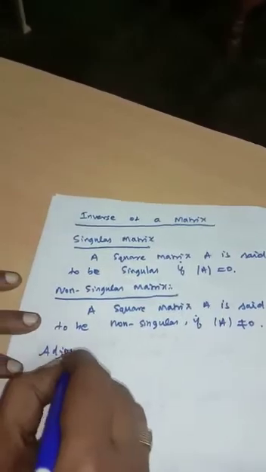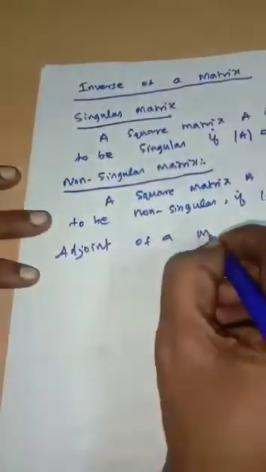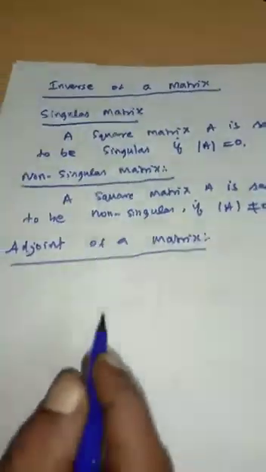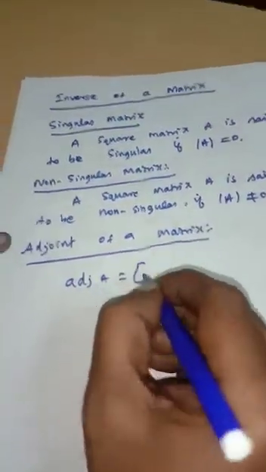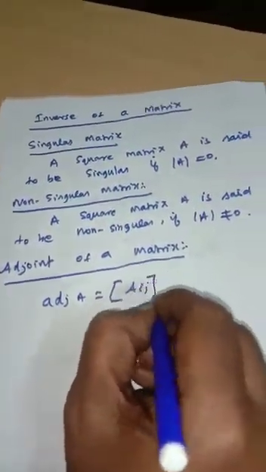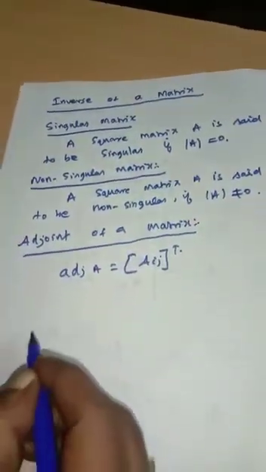Adjoint of a matrix: the adjoint of A is the transpose of the cofactor matrix Aij, written adj A.